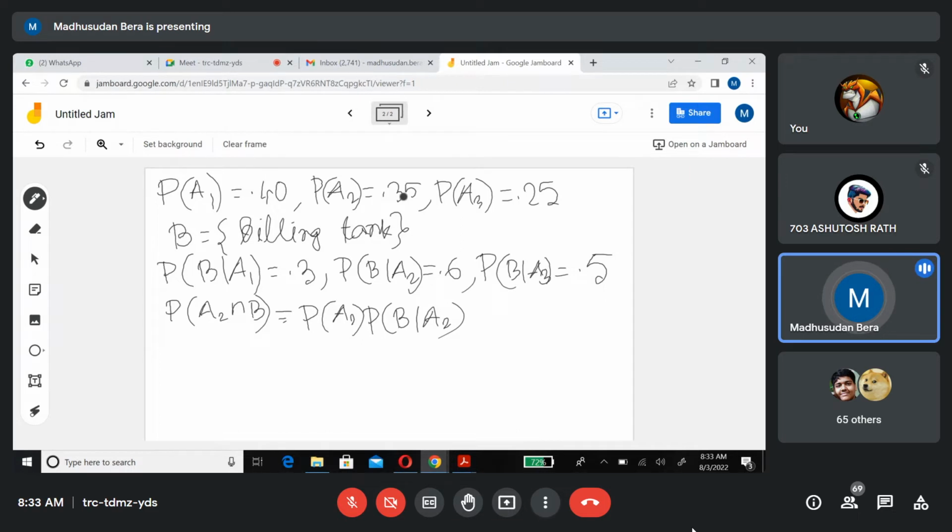Both are given, so 0.35 into 0.6. That is P of A2 intersection B. Is that okay?